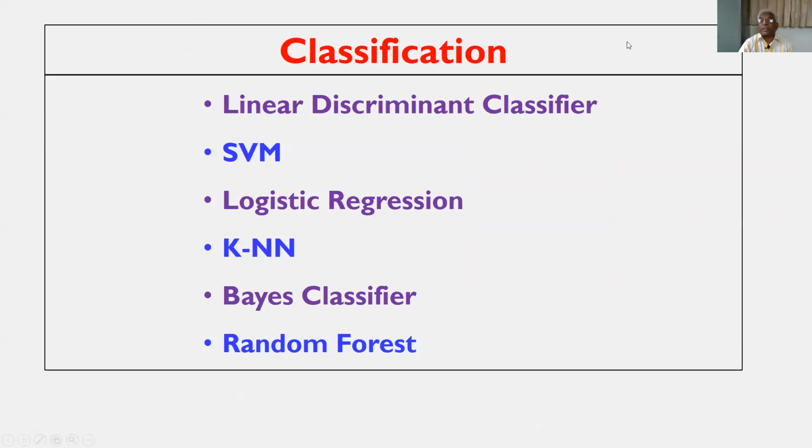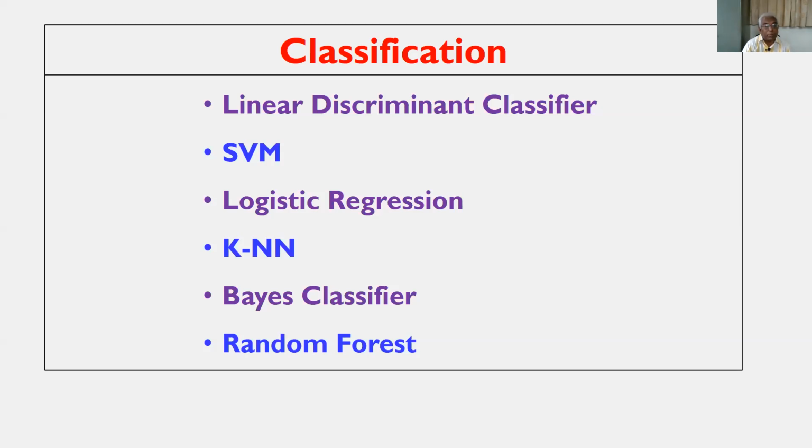Let us see what are the different classifiers, the different approaches of classification. There are many approaches. I am listing here a few of them. Number one, linear discriminant classifier, support vector machine, logistic regression, nearest neighborhood method, Bayes classifier, and random forest.